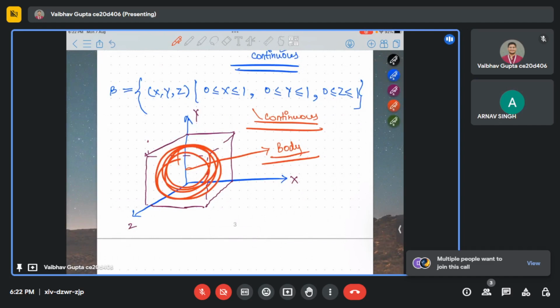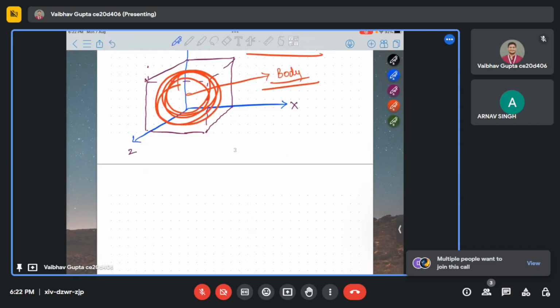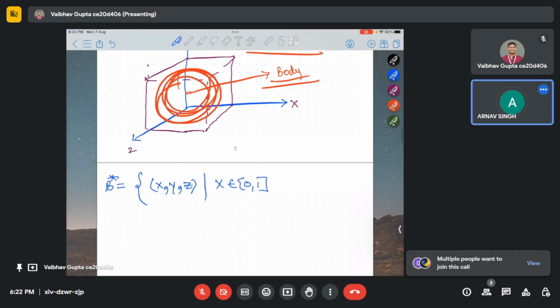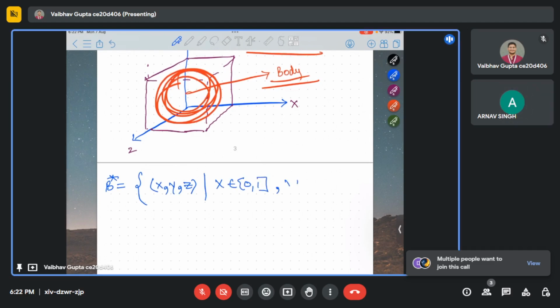Whereas if I have to define the body in a discrete system, how will I represent it? Where X belongs to 0 to 1, Y belongs to 0 to 1, and Z belongs to 0 to 1.